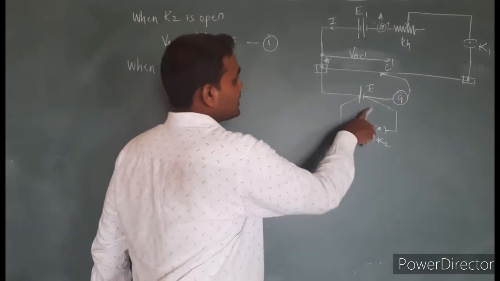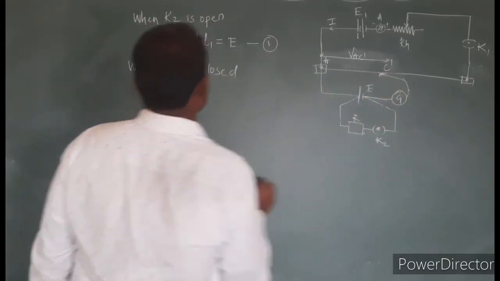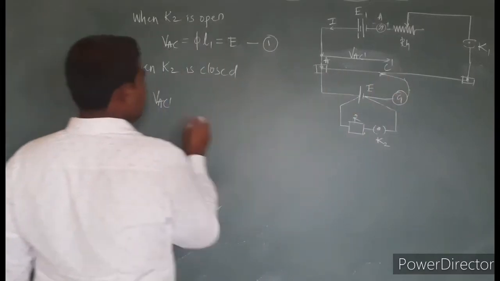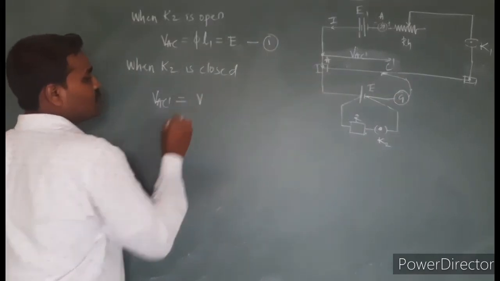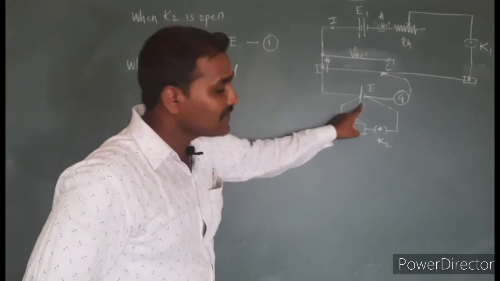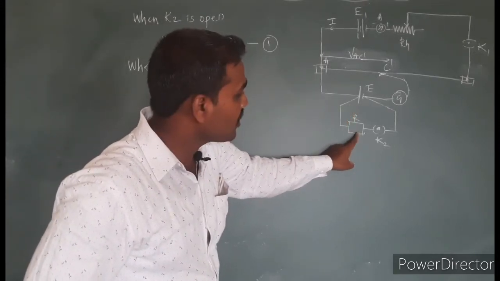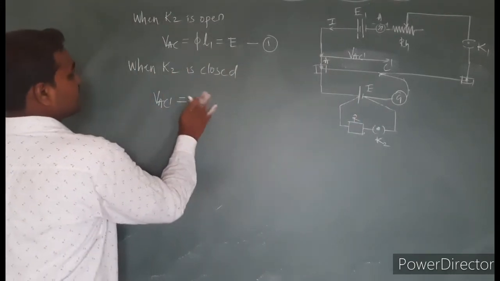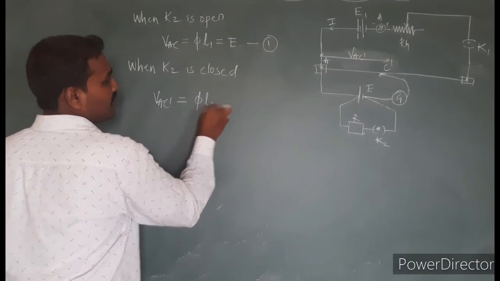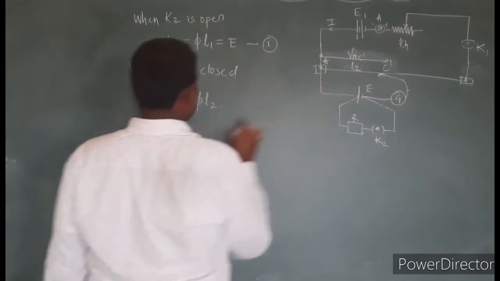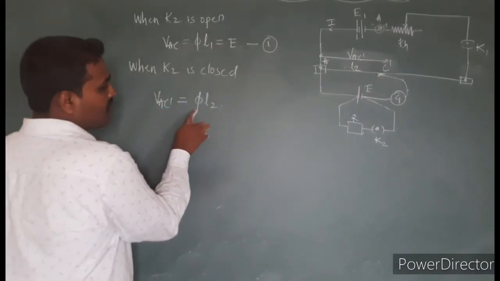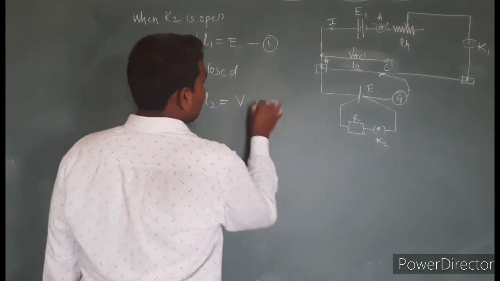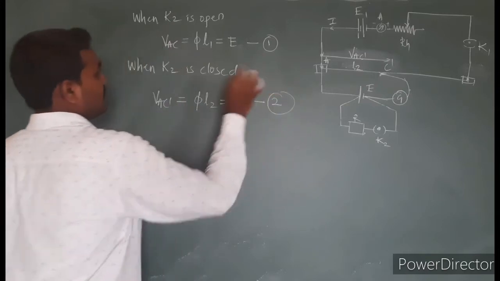So the galvanometer deflection will be equal to 0 when the potential drop for this length VAC dash is equal to the terminal potential of the cell, because there is current drawn by connecting the external resistance. VAC dash is equal to phi into L2, where this length is L2. That is equal to the terminal potential of the cell. Let this be equation number 2.